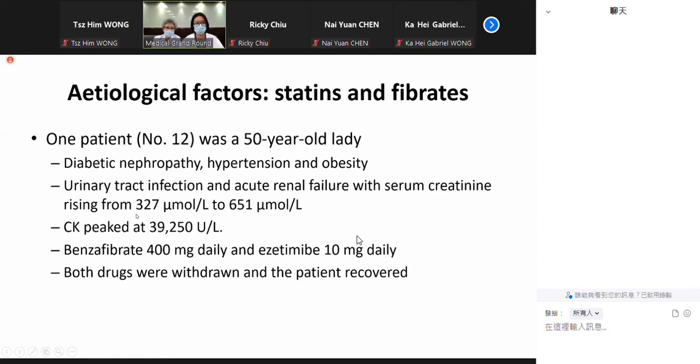So after she developed acute renal failure, they noted her CK to increase with a peak up to 39,000, and she was on a very dangerous combination of drugs with bezafibrate and also ezetimibe, and the drugs were actually withdrawn, and then the patient eventually recovered.